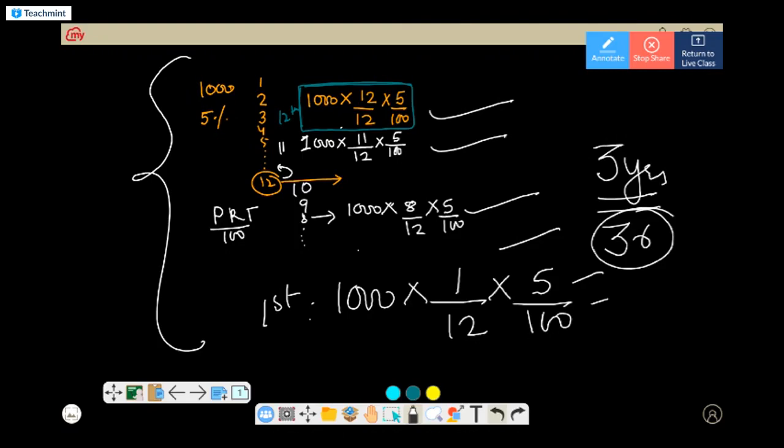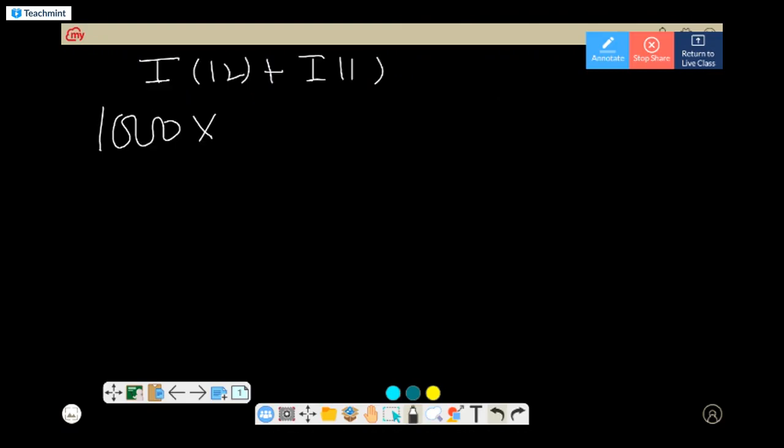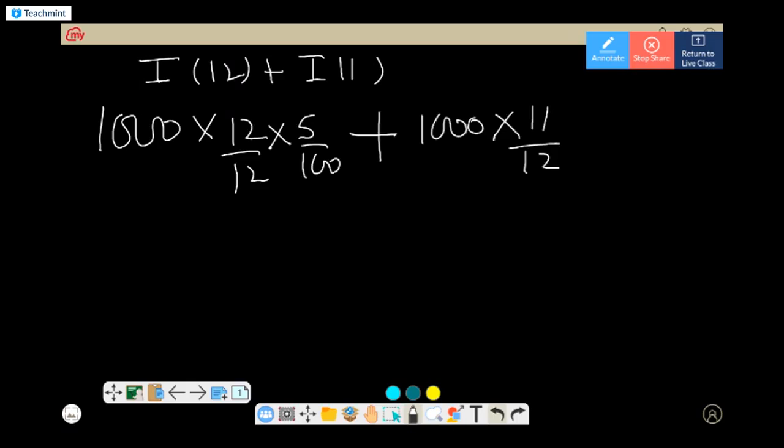What we do is, let's say 1000 was common. I need to add interest for the 12th month plus interest for the 11th month, and like that I'm going to add them. So technically, it would look like this: 1000 into 12 by 12 into 5 by 100 for the 12th month, plus 1000 into 11 by 12 into 5 by 100, plus the same for the 10th month, and so on till the first month.